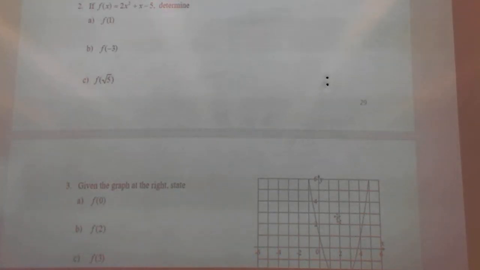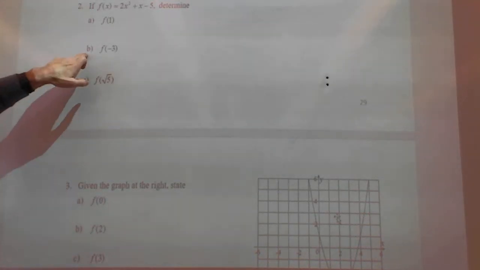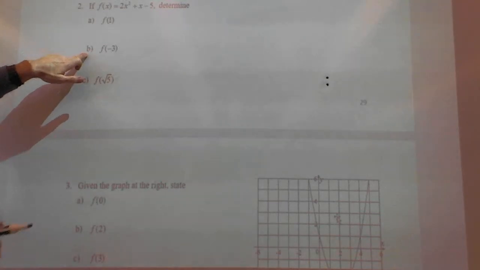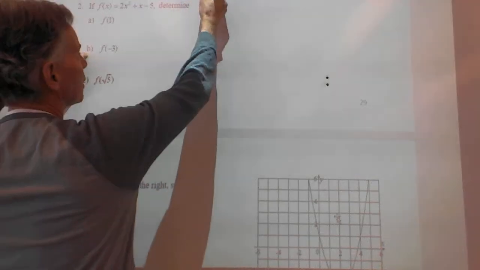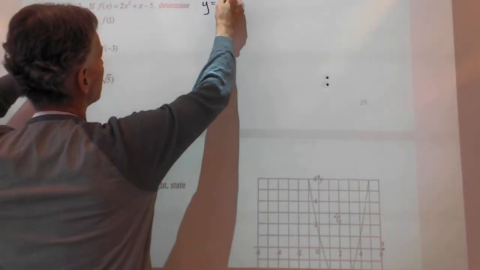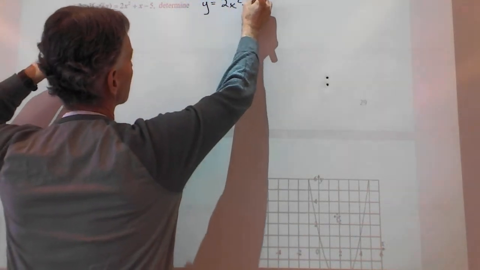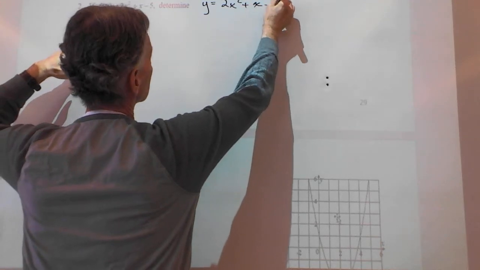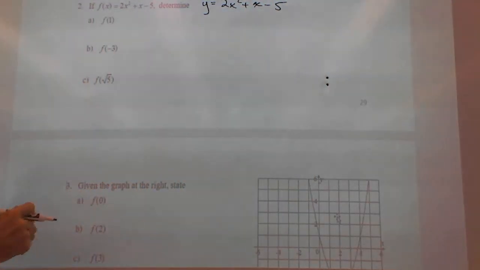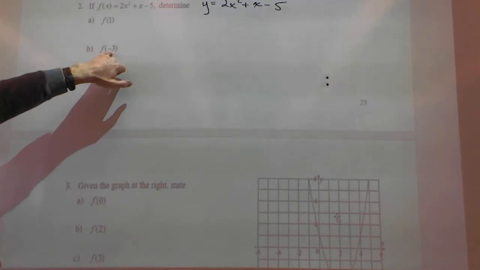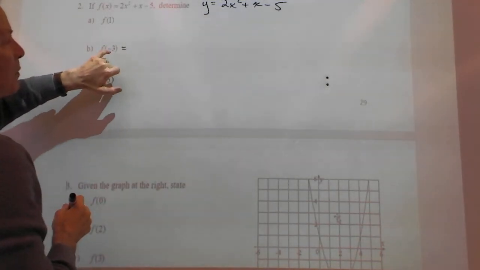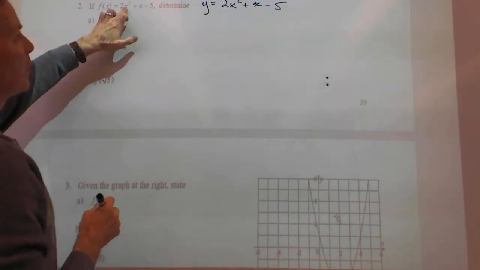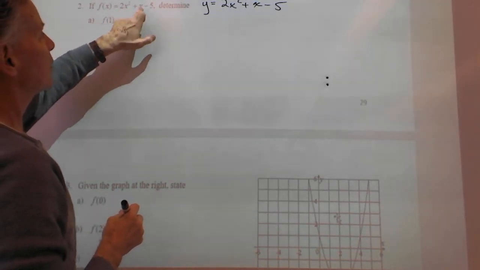And we'll do 2b. Okay? So here's our original expression, and remember all that means is y equals 2x squared plus x minus 5. And what they're saying is, if x equals negative 3, then you sub negative 3 into your original equation wherever you see x.